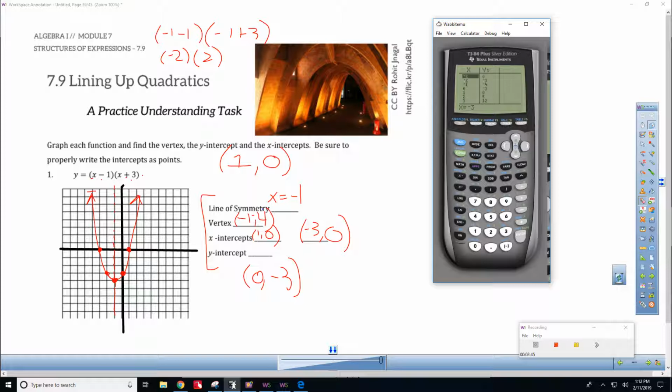But if I couldn't do that, I could go back to my graph. Do you remember how to find it? Second, calculate. Good. I want to find the minimum in this version because that's what the vertex is. I got to put the water bug to the left of the vertex, hit enter, get it to the right of the vertex. Does it matter if you do left or right first?